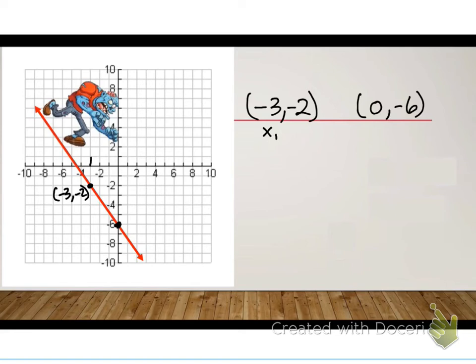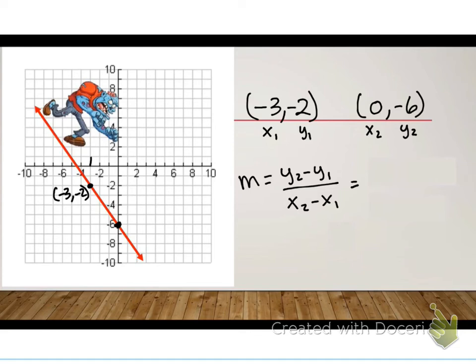So let's go ahead and label our numbers. Oh, that's a y. And let's write our equation. So we've got slope equals y2 minus y1 over x2 minus x1, right?